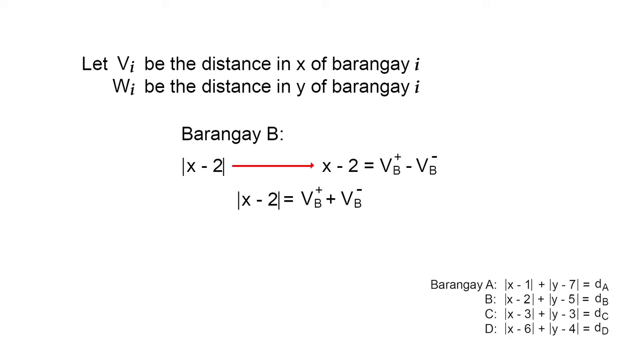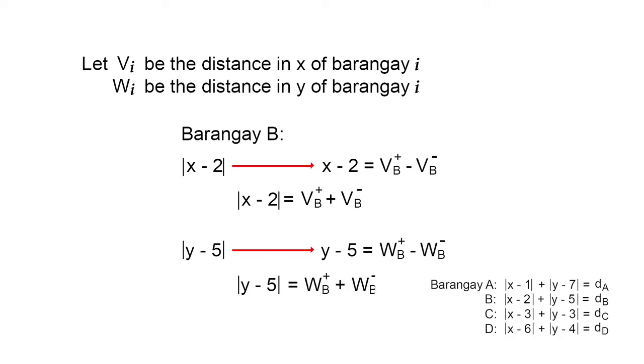For the y distance, it's given by the absolute value of y minus 5. Therefore, y minus 5 is equal to WB plus minus WB minus, and the absolute value of y minus 5 is given by WB plus WB minus.